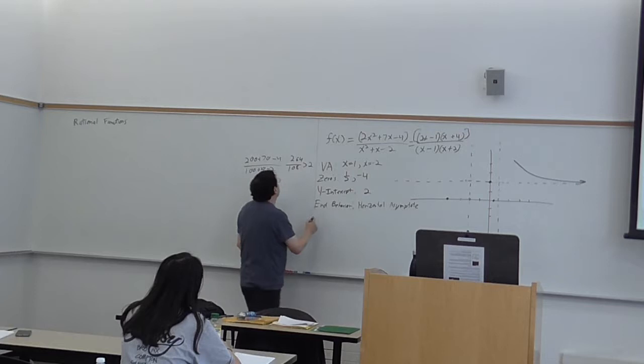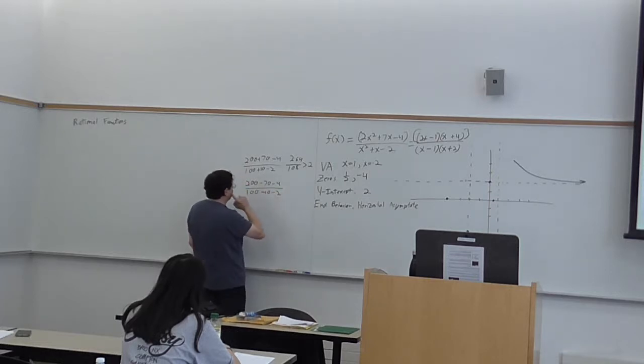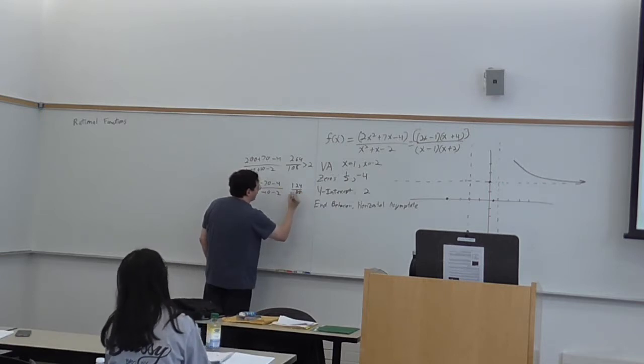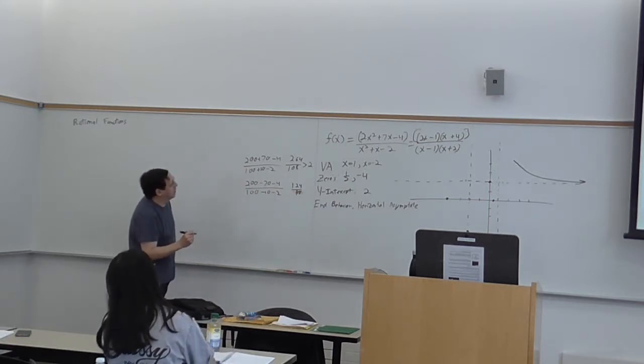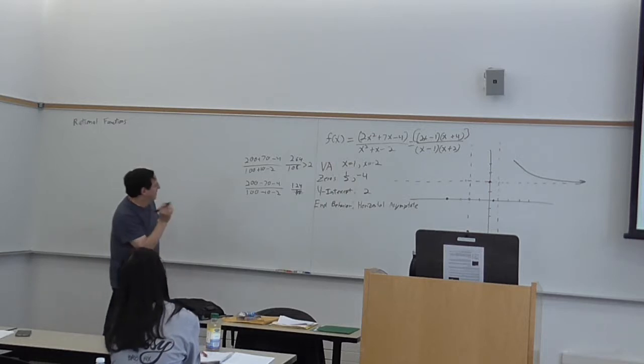Similarly, if we look over here, we plug in negative 10, we get, again, 200, but now minus 70, minus 4, and 100, minus 10, minus 2, so what's that? 130, 126.